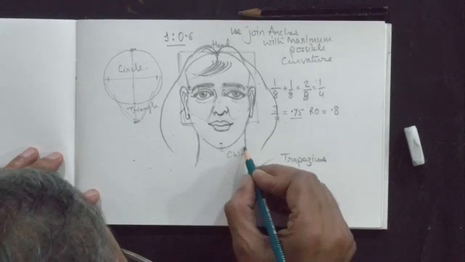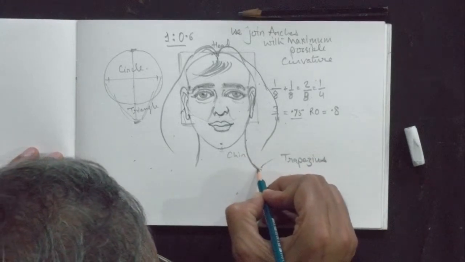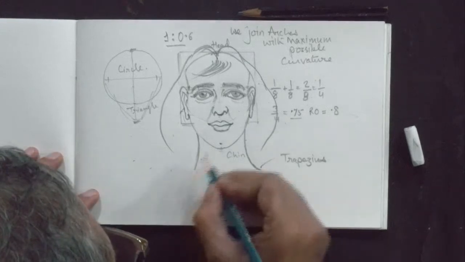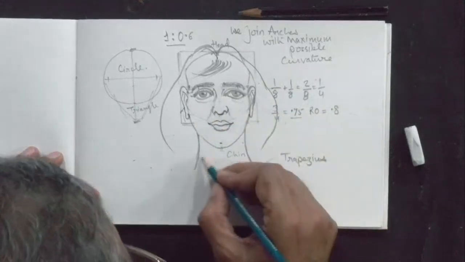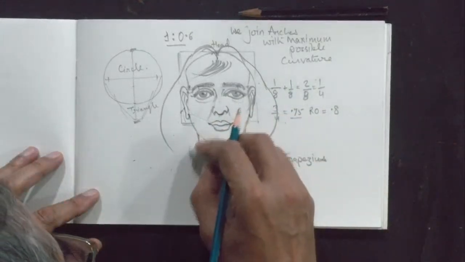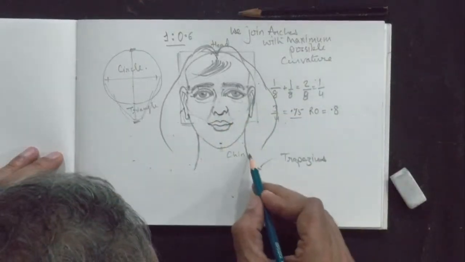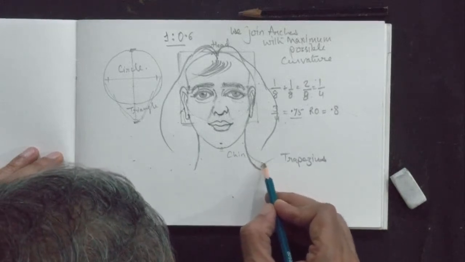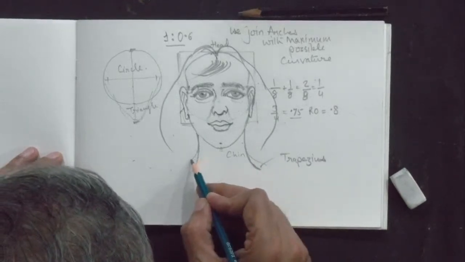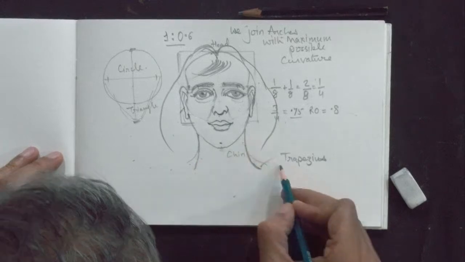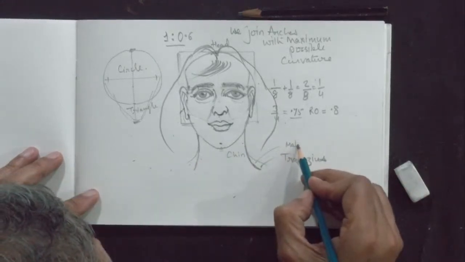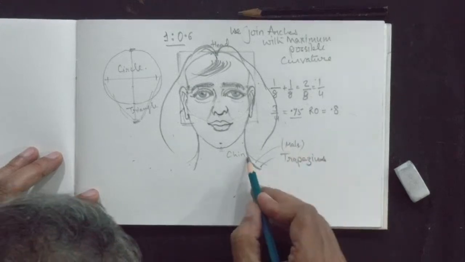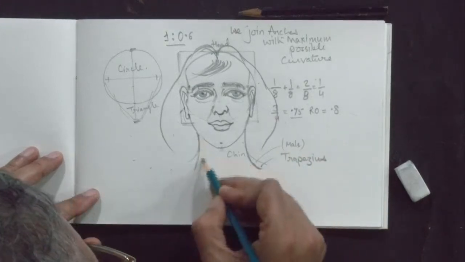Weak trapezius muscle makes the neck a little longer. In case of male, the trapezius muscle is here, coming from the back, of course, so the neck becomes thicker. This is in the case of male. But in case of female, it is weaker, so it goes longer.